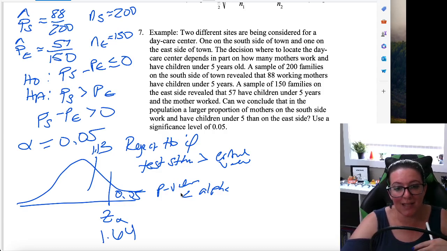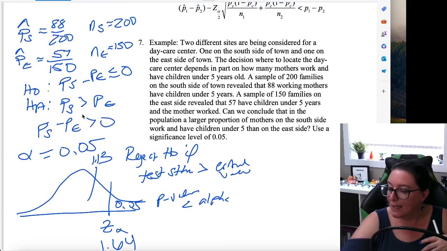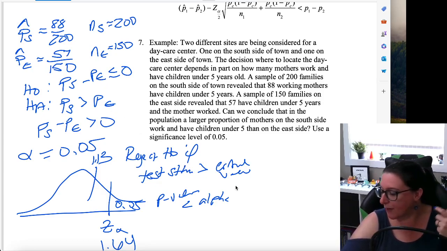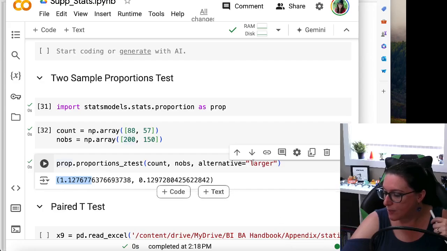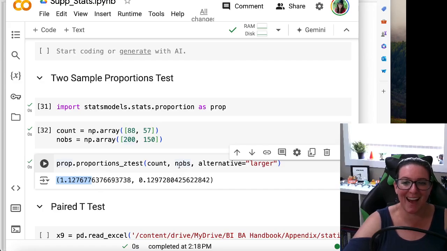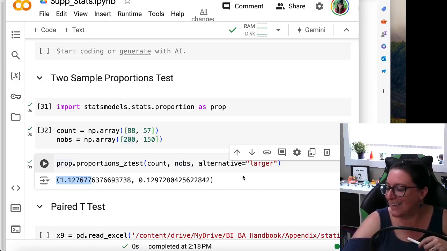It is not less than the alpha of 0.05, so we fail to reject the null hypothesis, and it is possible that these two groups have the same proportions, or our sample size is not big enough to detect the difference. So in this case, we can see with just 2 lines of code and the proper package, we are able to do that test. So less work than having to do it by hand in Excel.